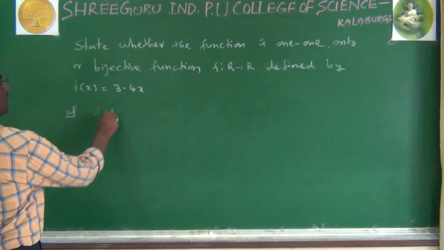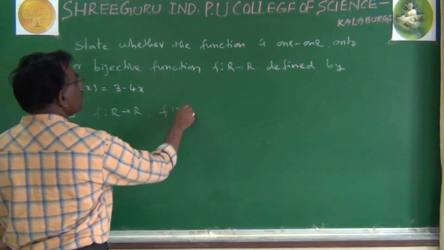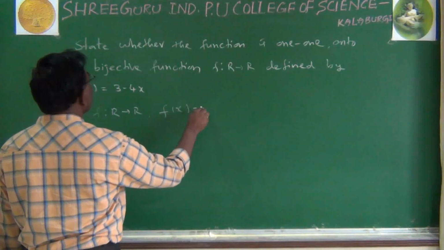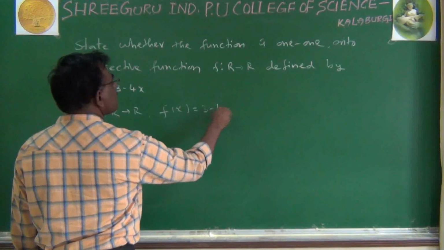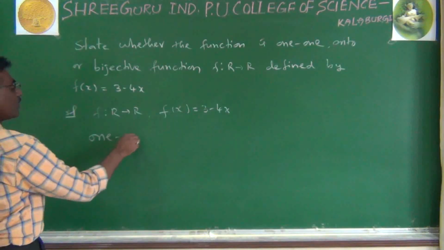f from R to R, f of x equal to 3 minus 4x. Okay. Now we start with one-one function.